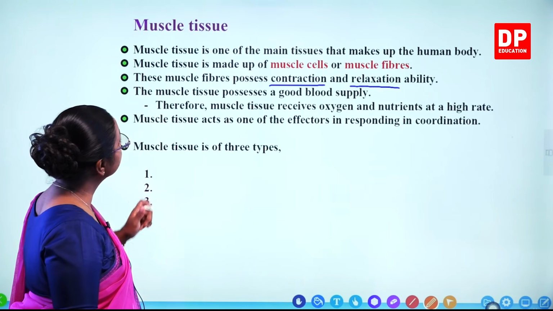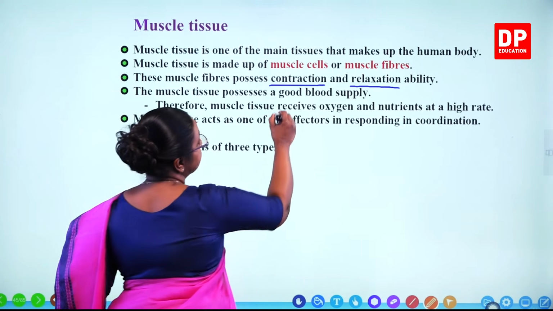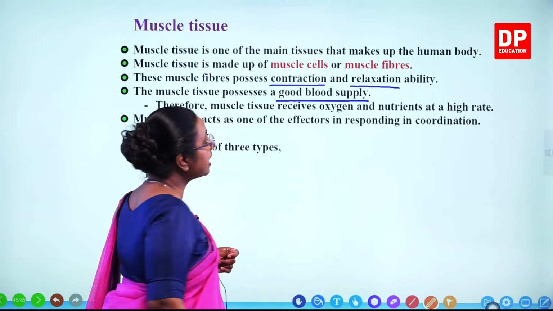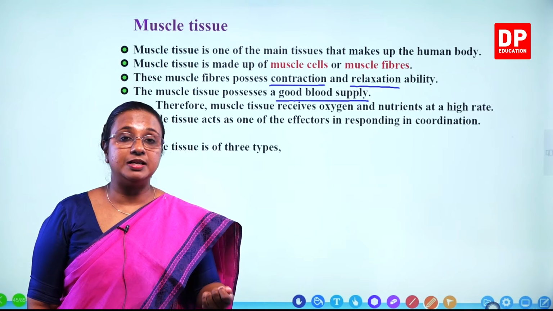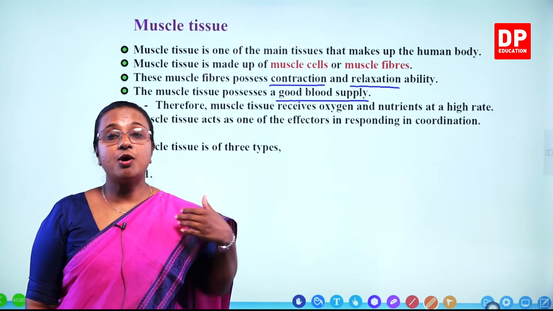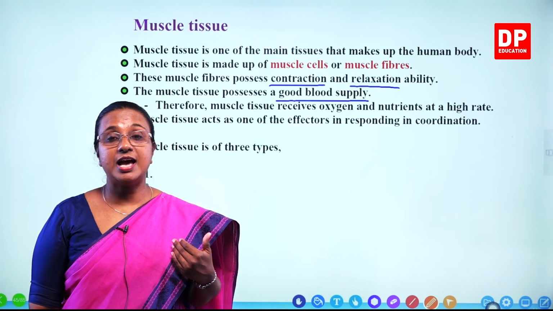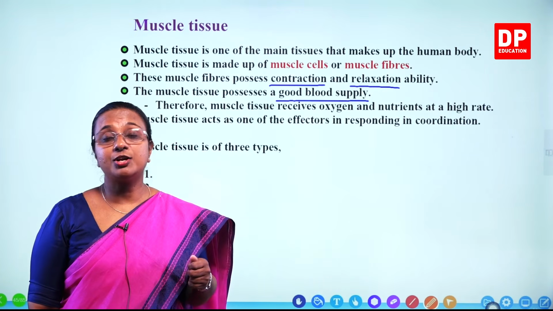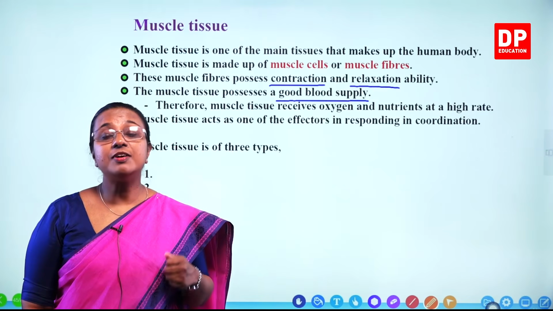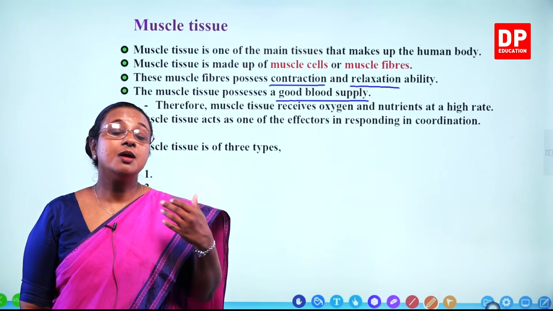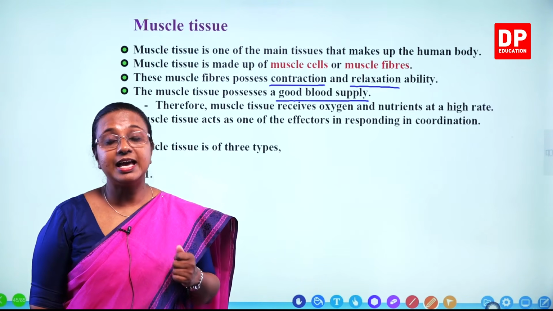The muscle tissues possess a good blood supply. Now these are muscles or tissues that help in movement. So to move our hand or to move from one place to the other, we need to spend a lot of energy. For that to happen, there should be a lot of cellular respiration releasing energy.